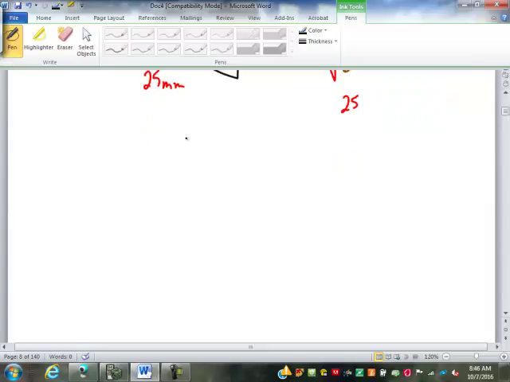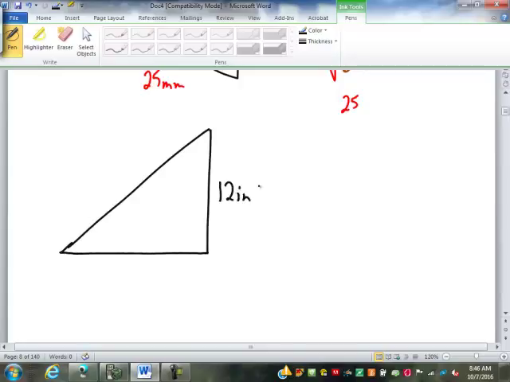What if I give you something like that? A squared plus B squared equals C squared.